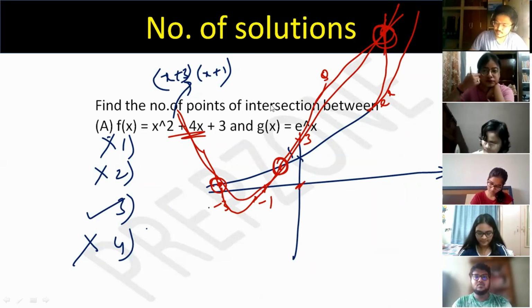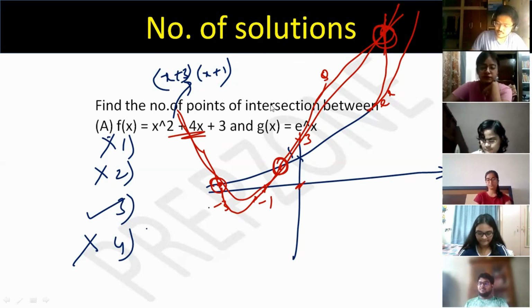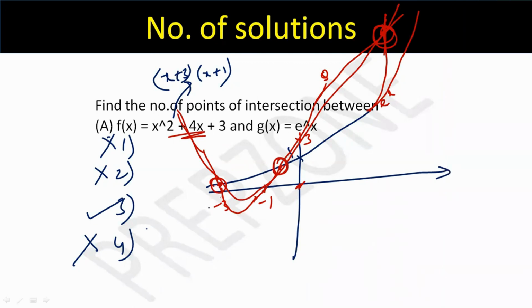Yeah, Zafar. So what I've done is I've used the concept that exponential functions are the functions which are increasing at a much faster pace, right? In the last slide I mentioned, exponential is very, very fast. You can also say, see, at 0, this is 1, exponential is at 1, and this function is at 3. At x equals 1, this will be 2.77, e. And this will be what? At x equals 1, it is 4 plus 3, 7 plus 1, 8.